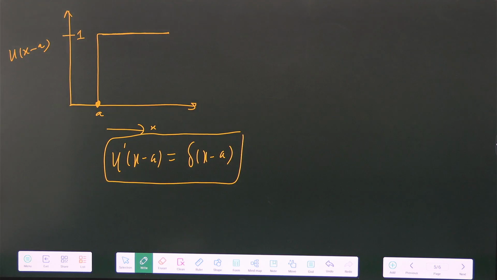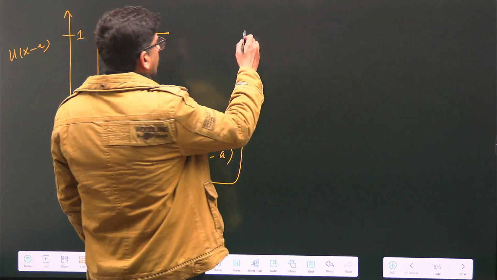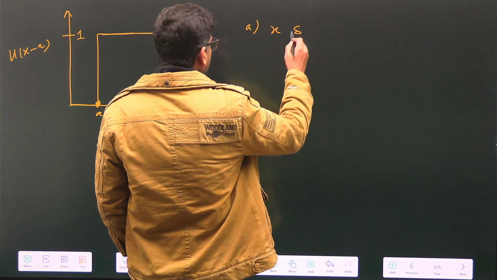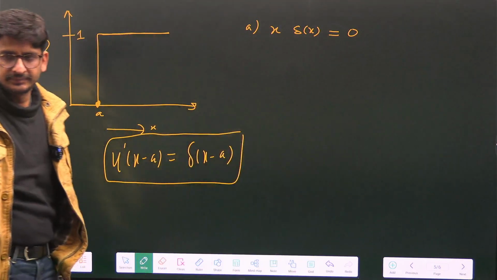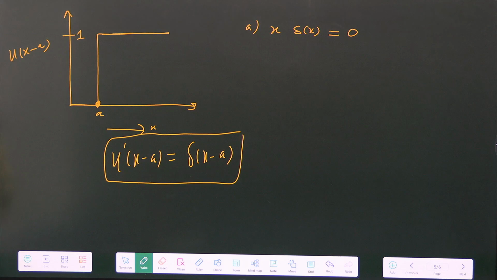Now there are some more properties that can be derived. For example, x of delta x, this will be 0. देखो समझ आता है? x of delta x will be always 0.